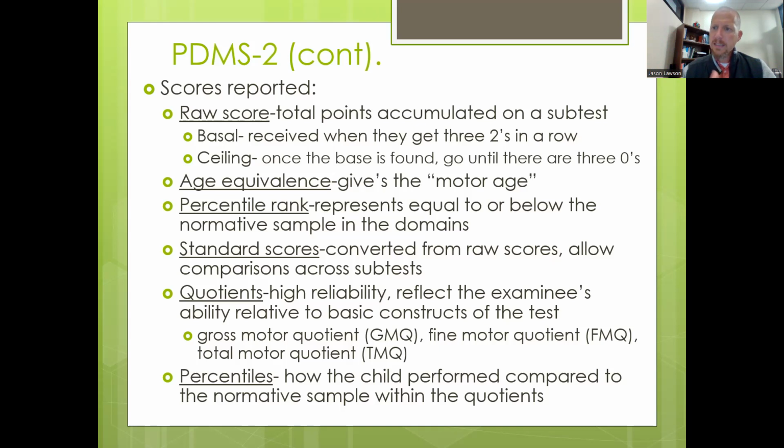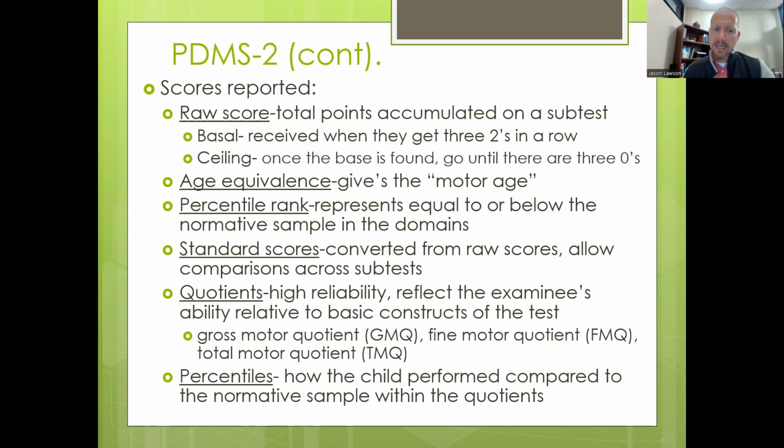Or if we do the entire test, we get a TMQ, the total motor quotient, combining all of the subtests and giving an average of their overall motor skills. Those quotients have really high reliability, meaning that fine motor is actually represented by the grasping and visual motor integration domains.